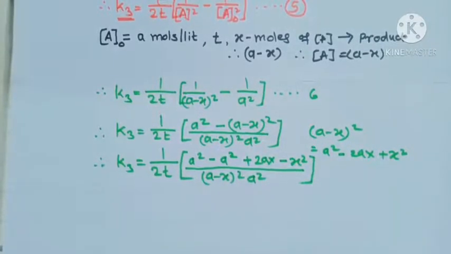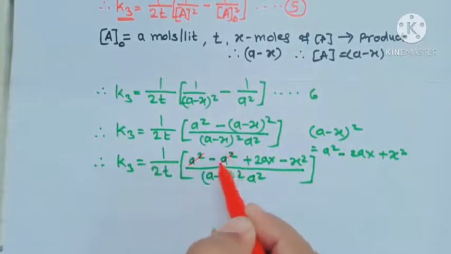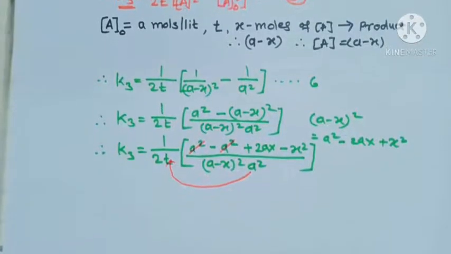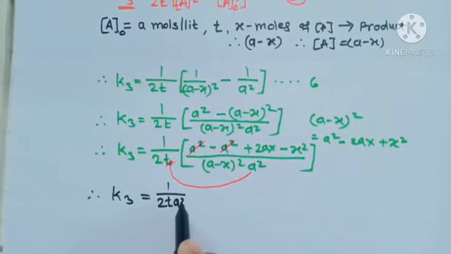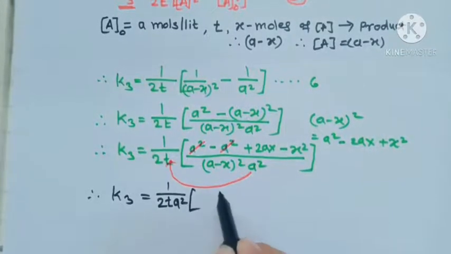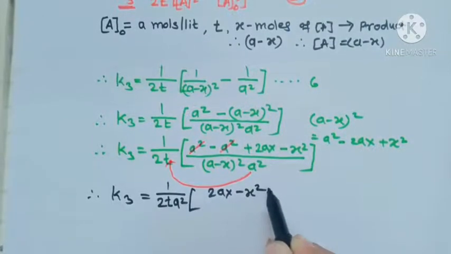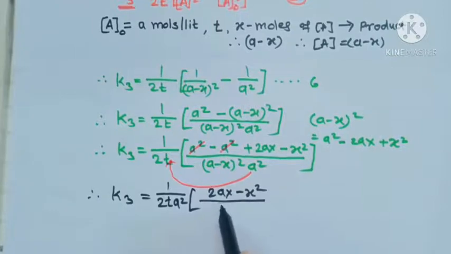Okay, so if you see, this term will be cancelled. Therefore we will get K3 is equal to 1 upon twice t a square multiplied by twice ax minus x square upon a minus x square.